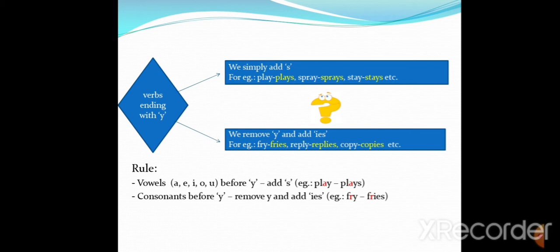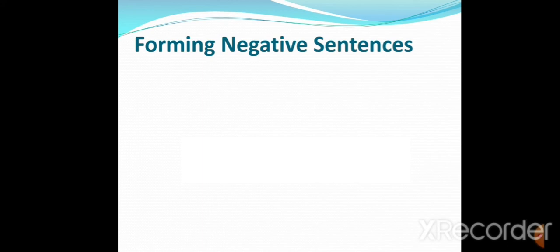Now let's move on to making negative sentences in the present simple tense. First of all, let's understand when we use a negative sentence in present simple tense. We use it when we want to deny situations that regularly or repeatedly occur. So let's look at its form first.